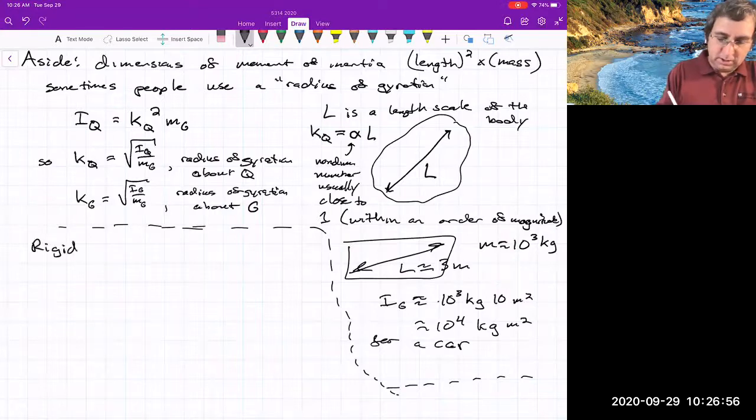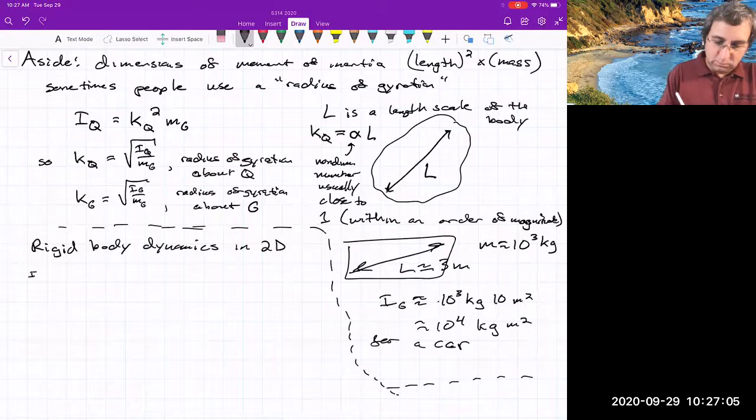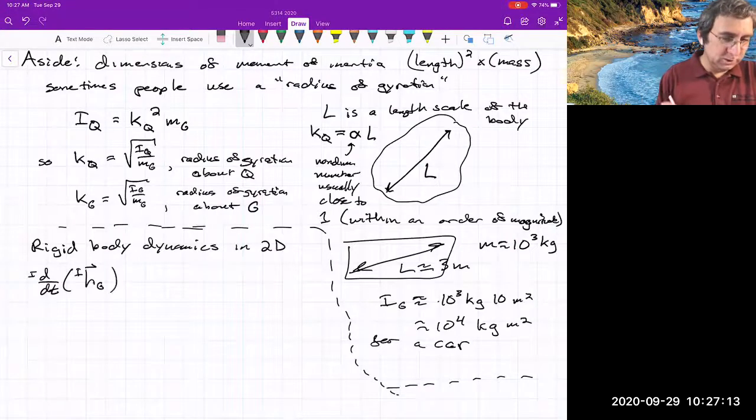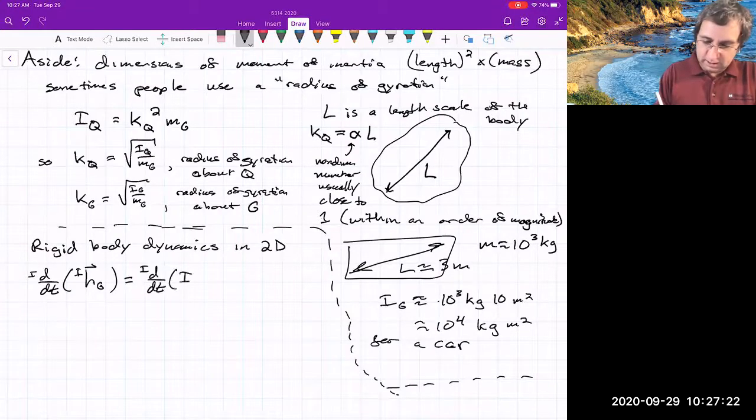What about rigid body dynamics in 2D? Well, here's the inertial derivative of the angular momentum, and we'll use the center of mass as our reference point. You can do the same thing for some other point if you wanted. So we know that this is I_G as a scalar times the inertial angular velocity ᴵω^B as a scalar.